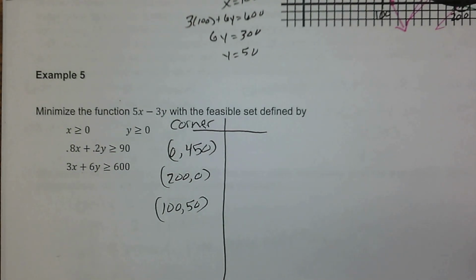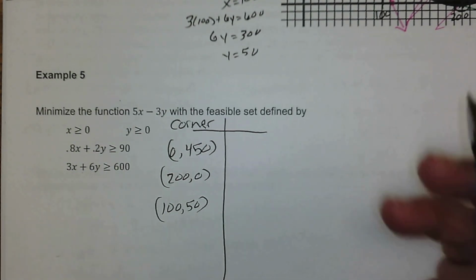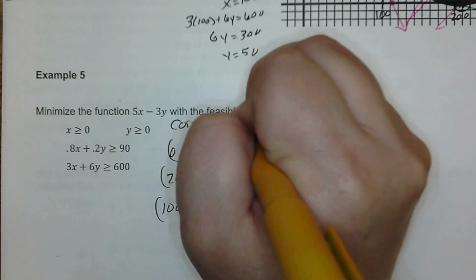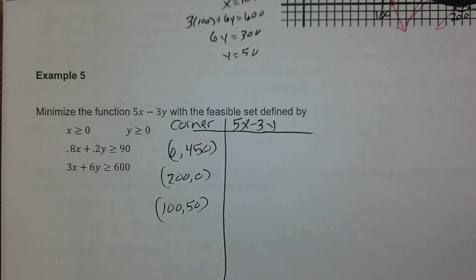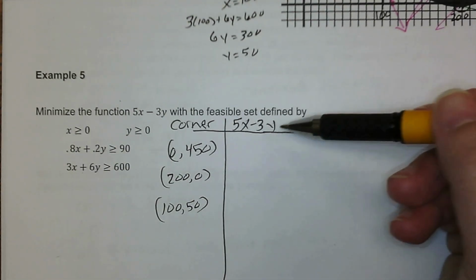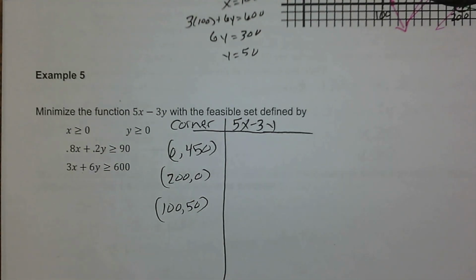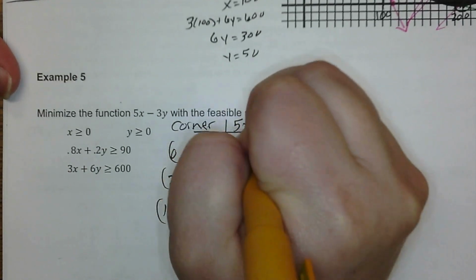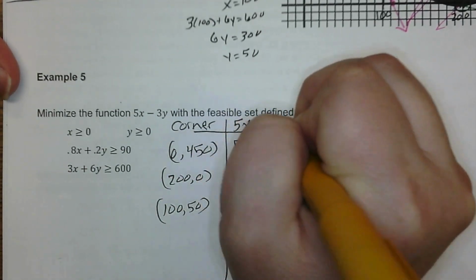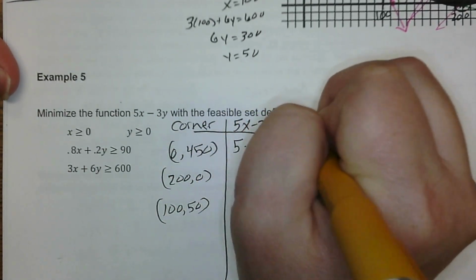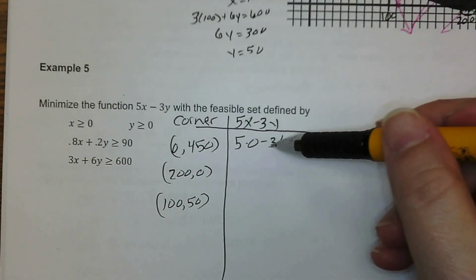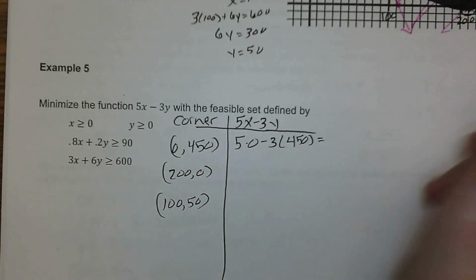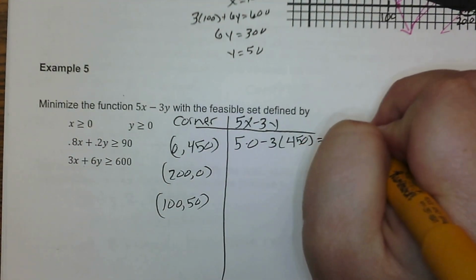And we're trying to minimize 5x minus 3y. So all we did here was change our objective function. So 5 times 0 minus 3 times 450. 3 times 400 is 1200 plus 150, so that's negative 1350.